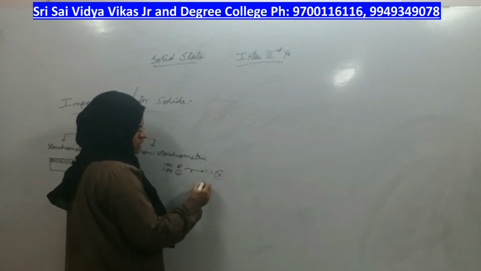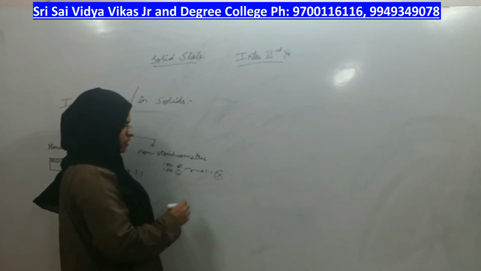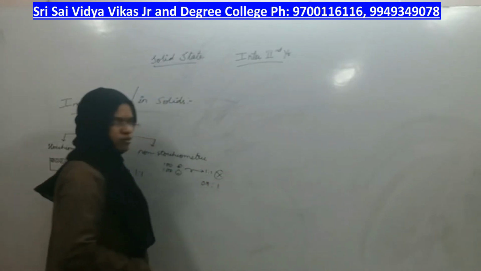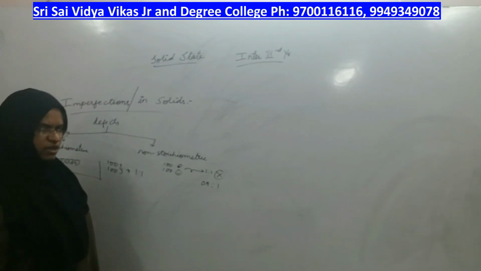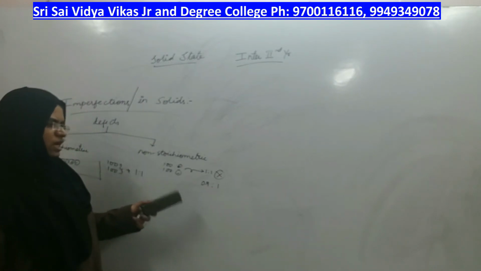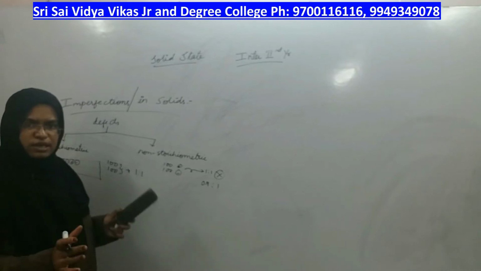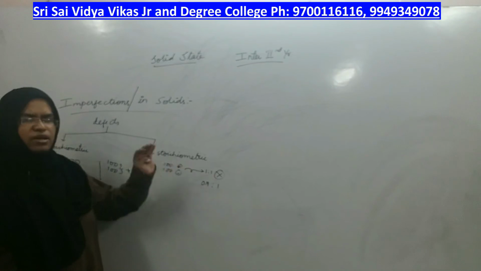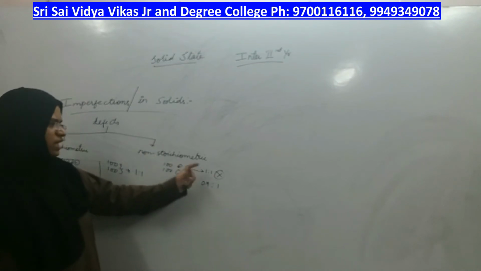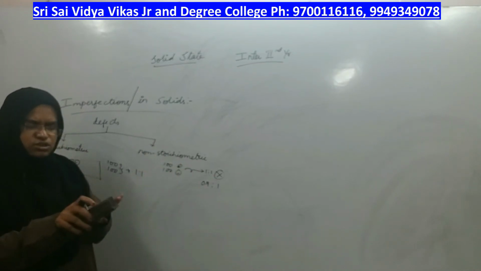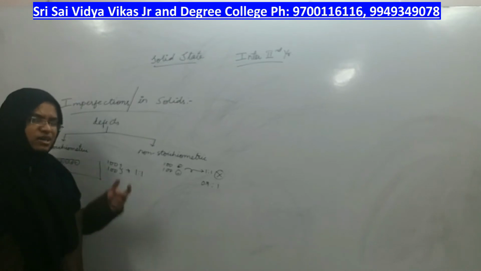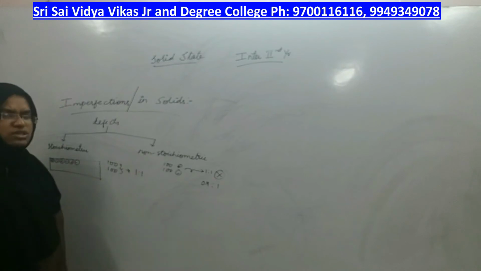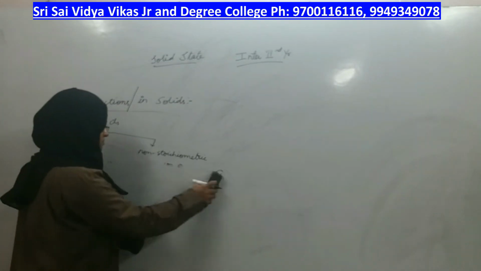Either it becomes 0.9 cations and 1 anion, or anions are less and cations are more. The total number of cations and total number of anions will not be the same after the defect took place, right? That type of defect, in which the ratio of cations and anions is not the same before and after the defect, is called a non-stoichiometric defect, okay?